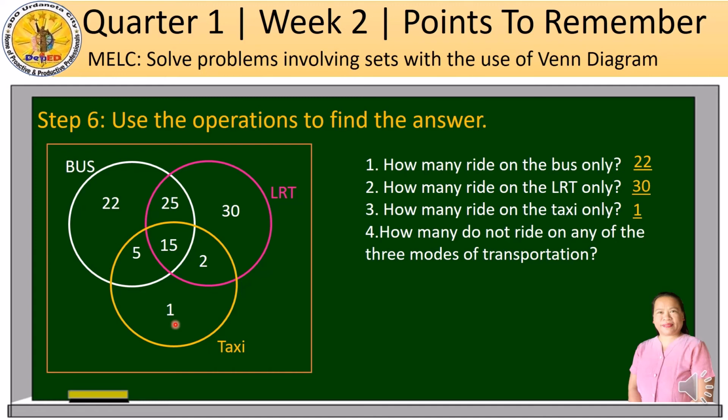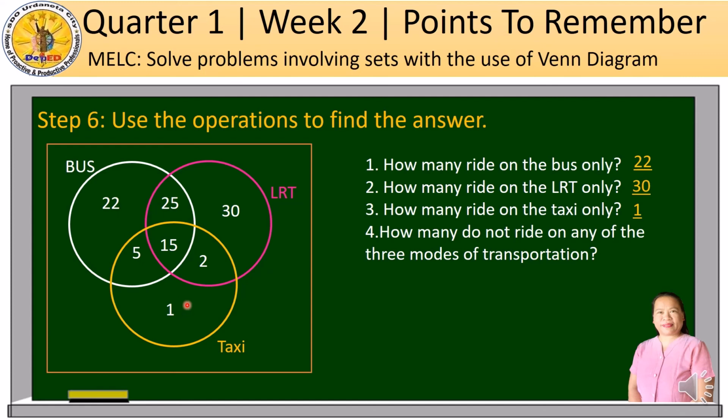Question number 4, how many do not ride on any of the 3 modes of transportation? So para malaman kung may hindi ba sumakay o may hindi gumamit ng 3 modes of transportation, all you have to do is to add all the numbers. So you have 22 plus 25 plus 30 plus 5 plus 15 plus 2, plus 1 pala, plus 1.